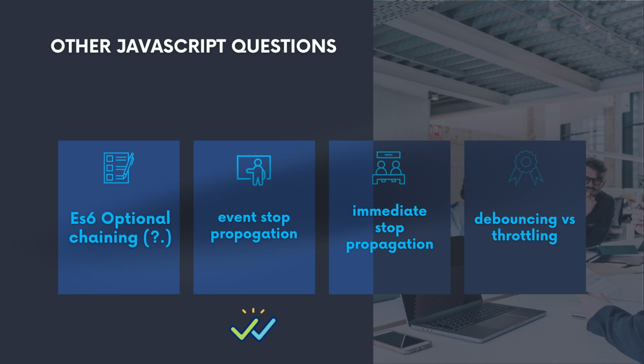If a button is an event that is inside another function, when we are clicking or calling the child function, it will call the parent function as well. This is called event bubbling. To stop this, we use stopPropagation.